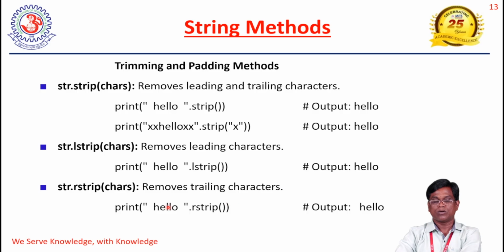See the same example, hello is the string, and after hello I have some blank spaces. If I want to remove that, hello.rstrip, it will be removed and displayed here. If you observe, before the hello we have the blank spaces, only the trailing blank spaces at the right side are removed here.